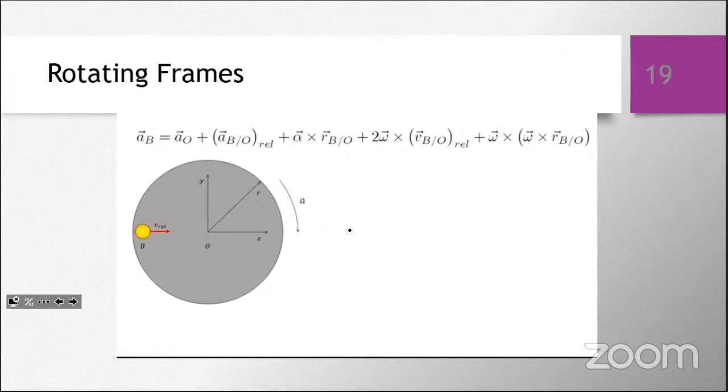We assume that the merry-go-round has a constant angular velocity, and the ball begins with the velocity relative to the merry-go-round, vrel, towards the center of the merry-go-round. Since there is no net force on the ball, we assume its acceleration to be 0 in the stationary frame. In the rotating frame, we attach our observer a set distance above the center of the merry-go-round, approximately where our camera is located. When we set up our acceleration equation, we see a number of terms drop out as zeros.